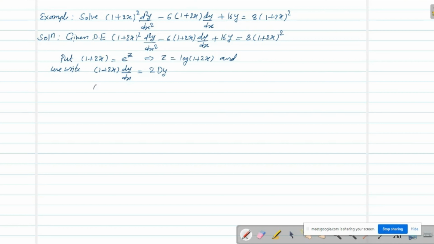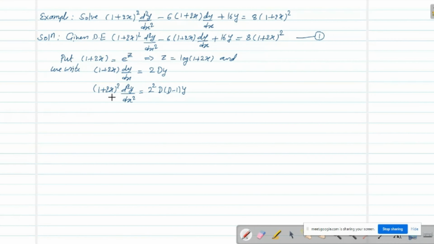And for the second term, we have (1 plus 2x) square d square y by dx square. For this, we write 2 square D(D minus 1) y. Now substitute all these values in equation number star. So name the given differential equation as equation number 1 or star.